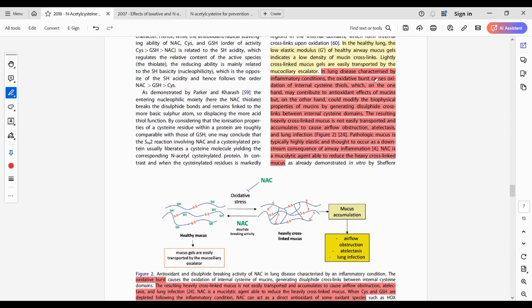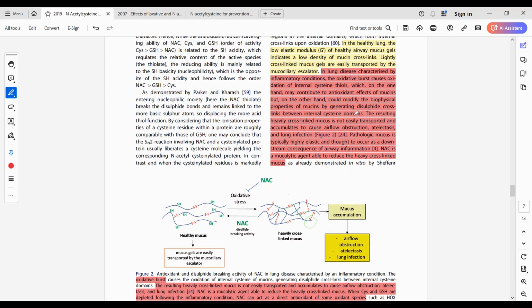In red, in lung disease characterized by inflammatory conditions, the oxidative burst causes oxidation of, so here's a lot of nerdy science, so let me read it and I'll translate it for you. But in lung disease characterized by inflammatory conditions, the oxidative burst causes oxidation of internal cysteine thiols, which on one hand may contribute to antioxidant effect of mucus, but on the other hand could modify the physical properties of mucus by generating more disulfide cross-linkages.